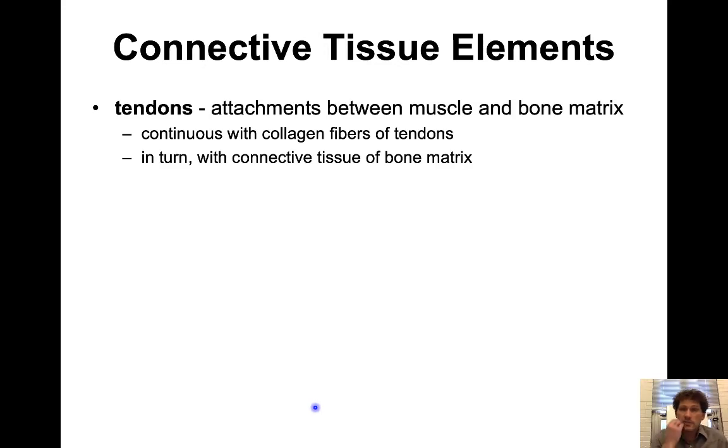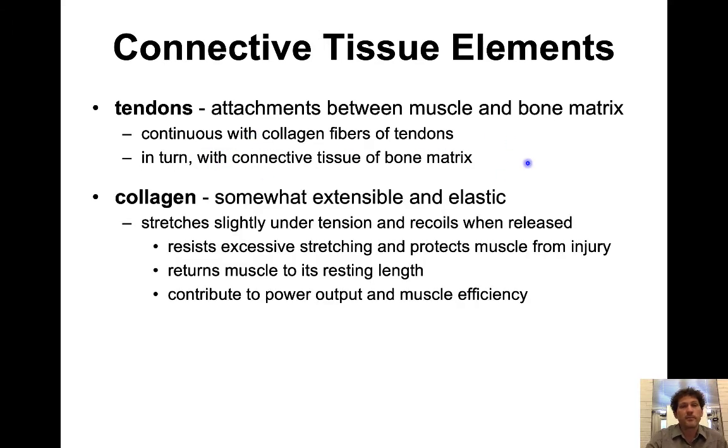Now, the connective tissue components, if you remember, we are having our tendons and our ligaments. So our tendons are attaching our muscle to bone, and so we have those collagenous fibers that are really strong in that one direction, and that meshes into that periosteum, that connective tissue of the bone. Collagen, remember, is a little bit extensible and elastic.